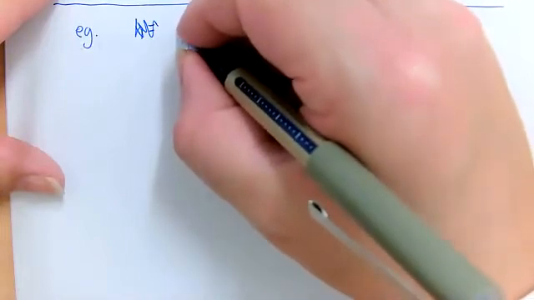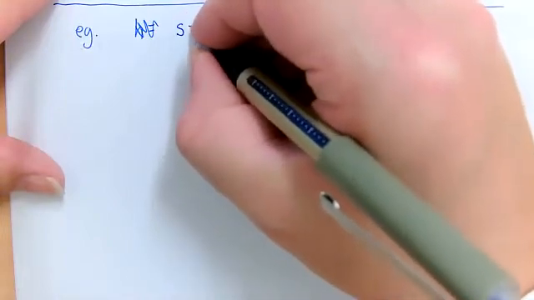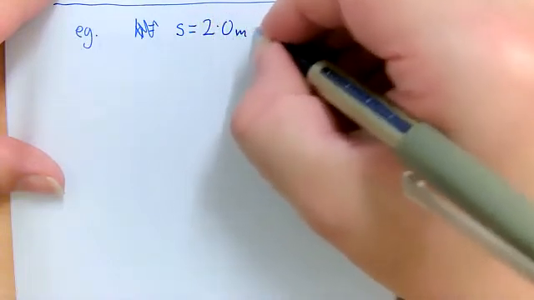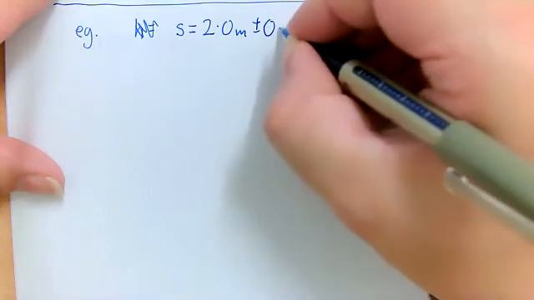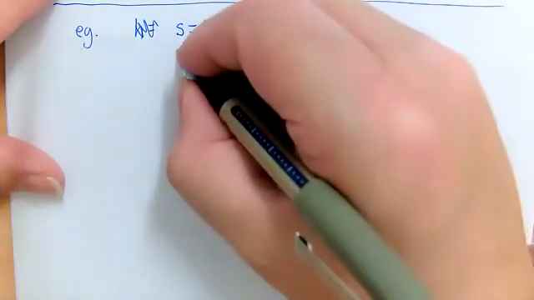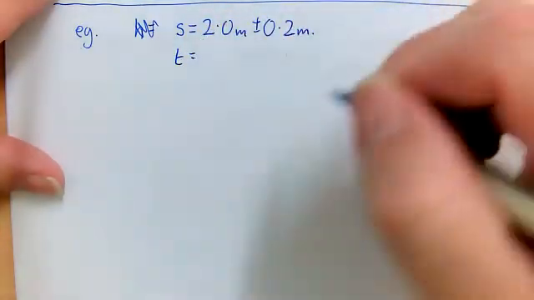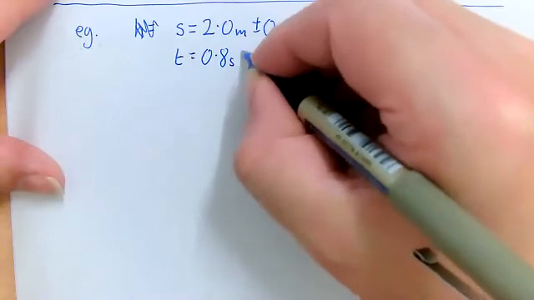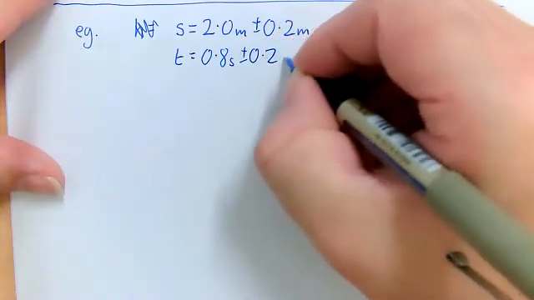The distance travelled by a toy car, let's say, is 2.0 meters plus or minus 0.2 meters. And let's say the time it took is 0.8 seconds plus or minus 0.2 seconds.